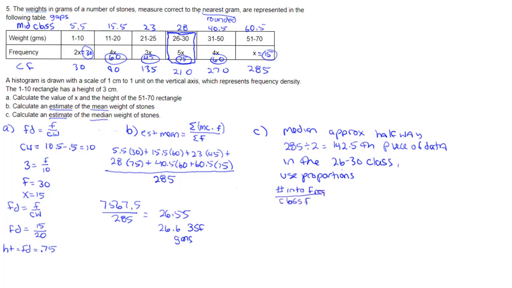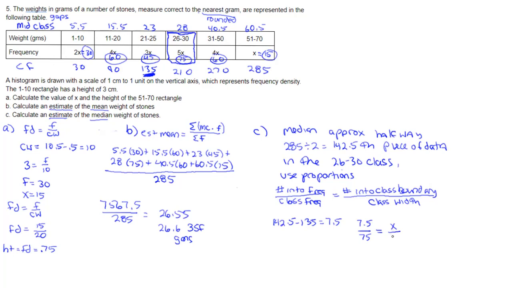What we've got to do is figure out how far we went into the frequency and divide by the class frequency, and then compare it to how far we go into the class boundary and divide that by the class width. So how far did we go into the frequency? Well, 142.5 minus 135 that we've used up already, that's going to be 7.5 into this frequency. And then 7.5 divided by 75, which is the class frequency.